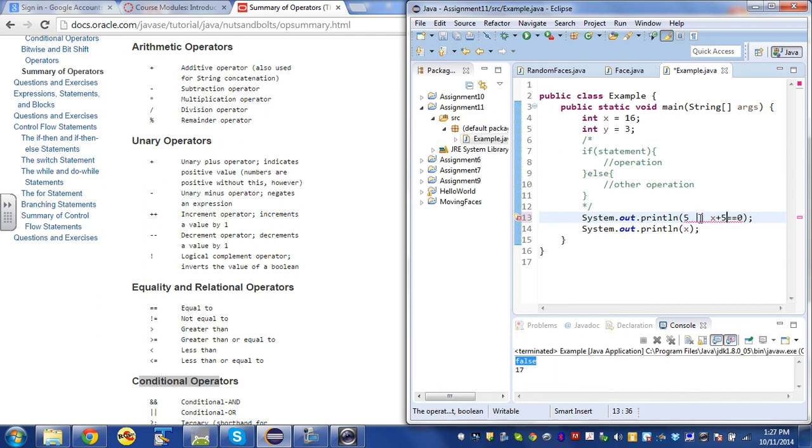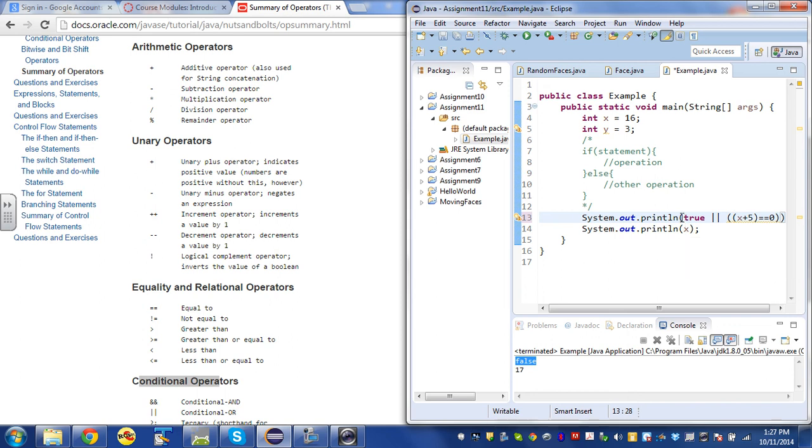So when Java evaluates this expression, it's as if there are parentheses first around the x plus 5 because it gets higher precedence, and then around the equals 0 because it gets higher precedence than the relational operators, and then parentheses around the last thing, so where your parentheses control your order of operations.